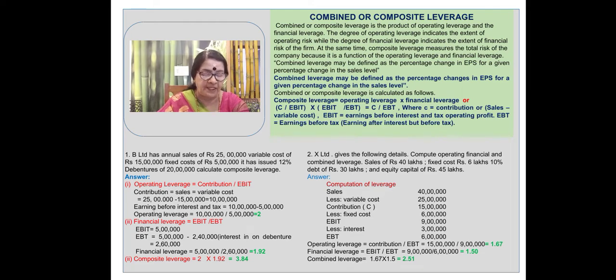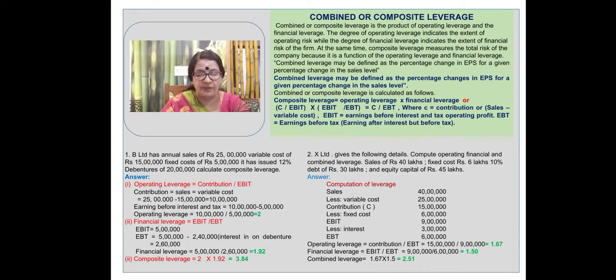Take the second problem also. X Limited gives the following details. Compute the operating, financial and combined leverage. Sales, variable costs, fixed costs, debt and equity capital are given. It is done in columnar form. Sales taken, variable cost deducted, we get contribution. From that fixed cost is deducted, we get EBIT. From that interest is deducted, we get EBT.